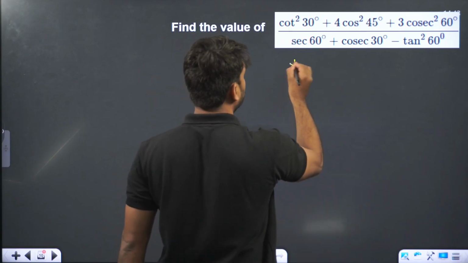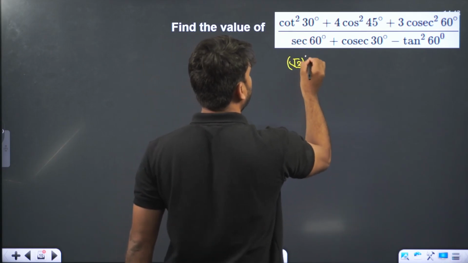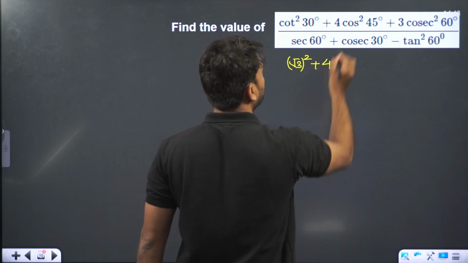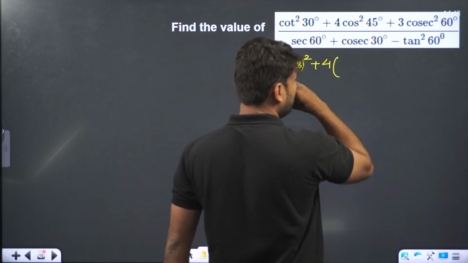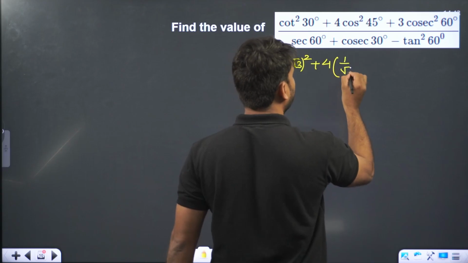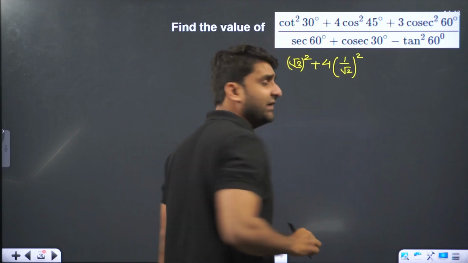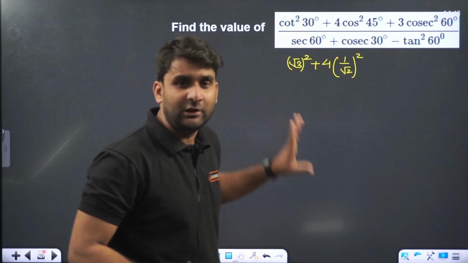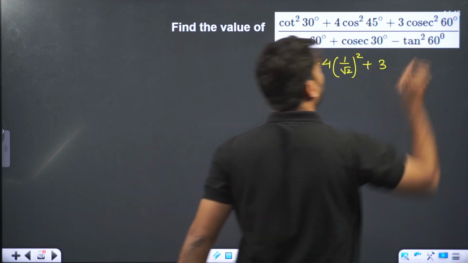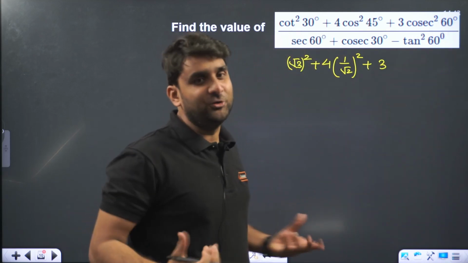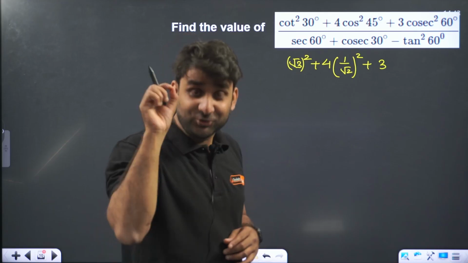Okay, so cot 30 is equal to root 3, because tan 30 is 1 by root 3. So this is root 3 whole square plus 4. This is cos square 45. Do you know cos 45 and sin 45 will give you 1 by root 2 as the value, but it is in a square, so the value will also go in a square. Plus 3, this is cosec square 60. Sir, again I don't know cosec square 60, but you should know sin 60.